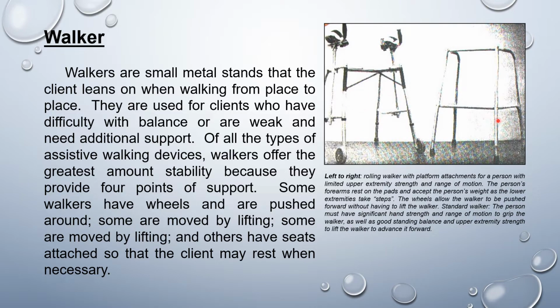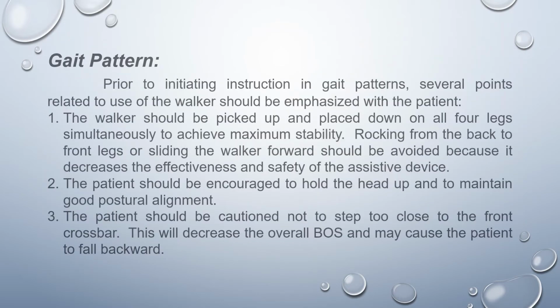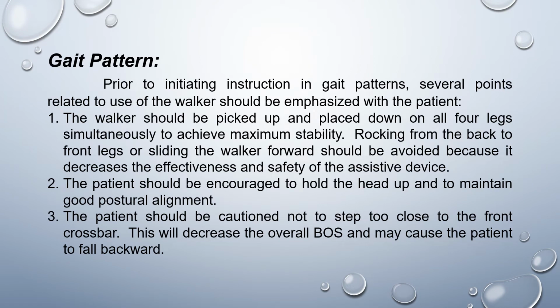Okay. So, next is the gait pattern. Prior to initiating instruction in gait patterns, several points related to use of the walker should be emphasized with the patient. The walker should be picked up and placed down on all 4 legs.